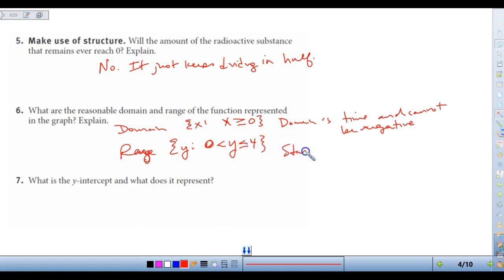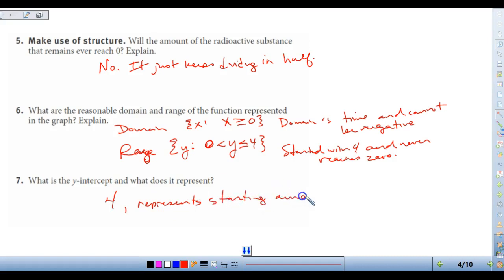So started with 4 and never reaches 0. That's why 0 is not included in the range. It only stays above it. What's the y-intercept? And that is 4, and it represents the amount to start with, the starting amount of the substance.